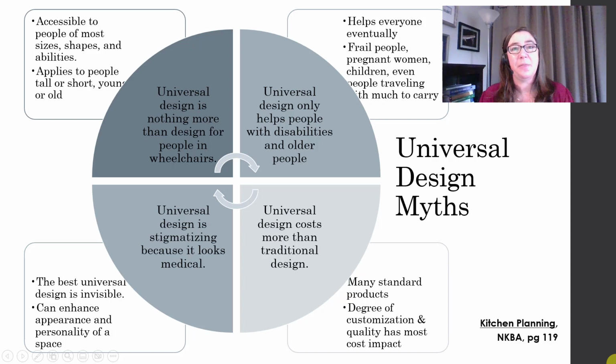Another myth is that universal design only helps people with disabilities and older people, right? It's not appropriate for anybody else. Well, it turns out that a space using universal design helps everyone eventually. Frail people, pregnant women, children, even active, healthy people traveling with too much to carry.